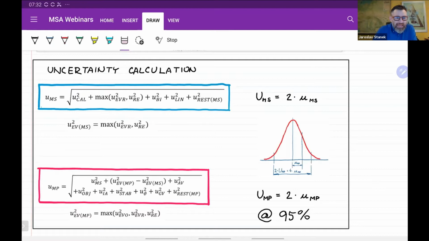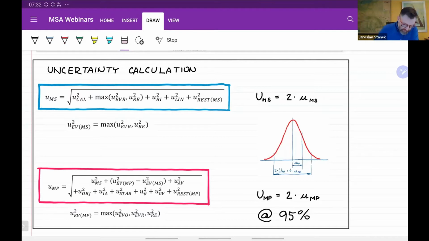One of the assumptions needed in this formula is the mutual independency of these uncertainties. They should not be mutually correlated. And they mostly are not. But there is a specific case where we can expect this correlation, and that is the equipment variation.